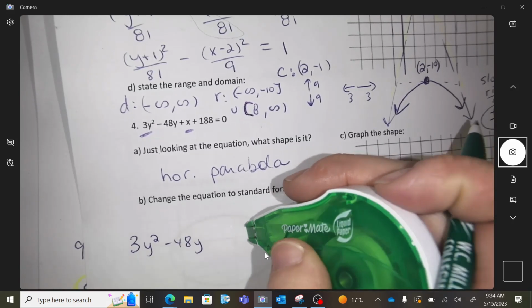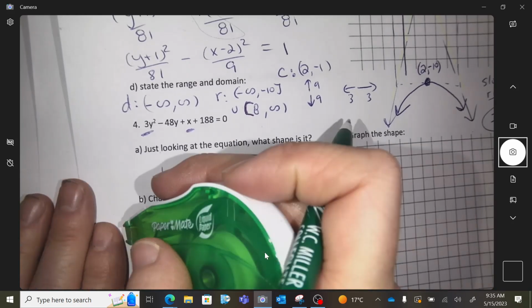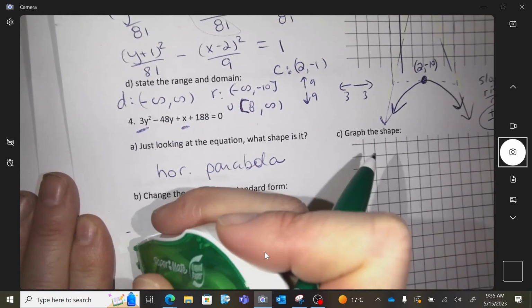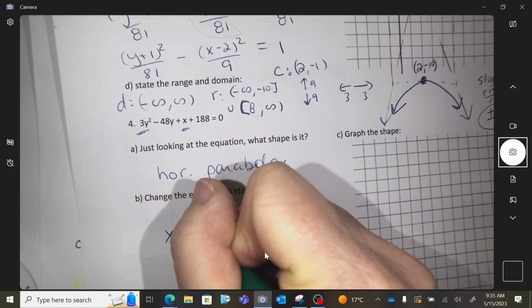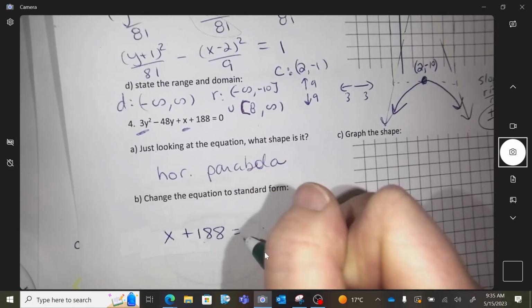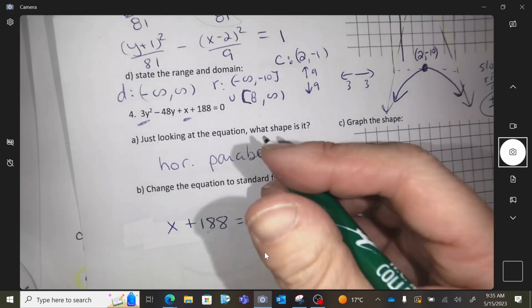Nope. I'm going to do this differently. I'm going to leave the x and the number alone. And I'm going to move the y stuff.